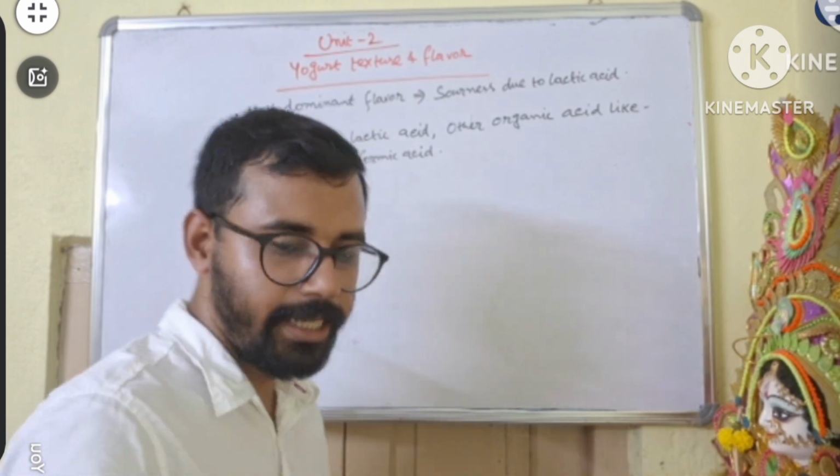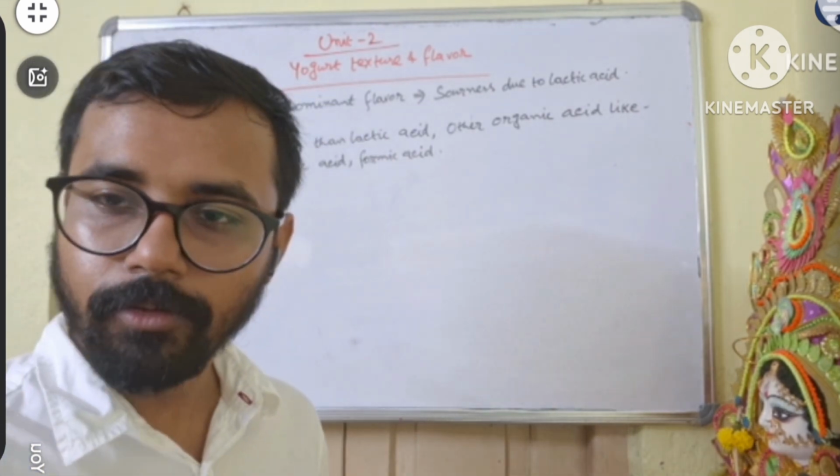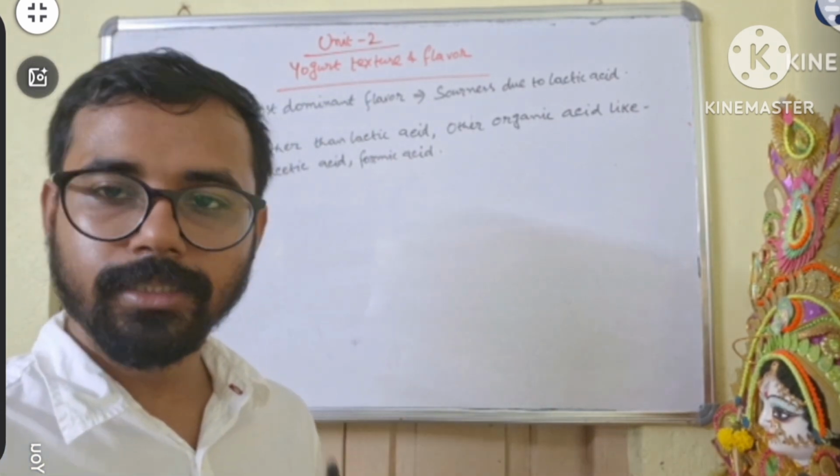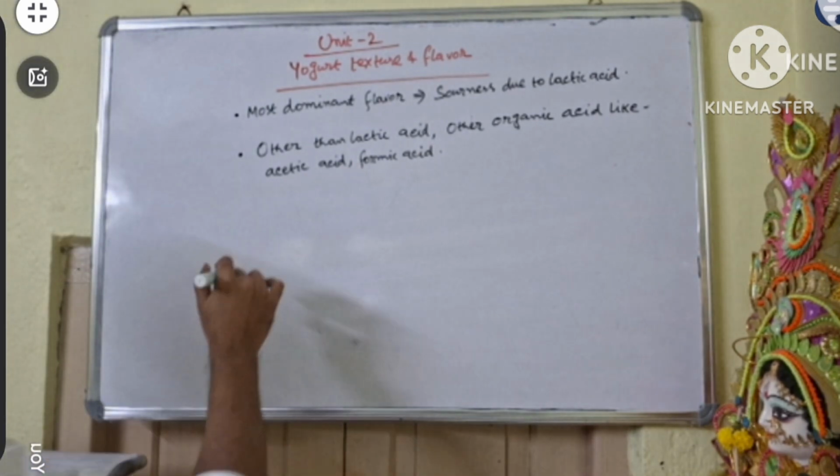The dominant one is lactic acid, but some quantity of formic acid and acetic acid is also found in the yogurt.